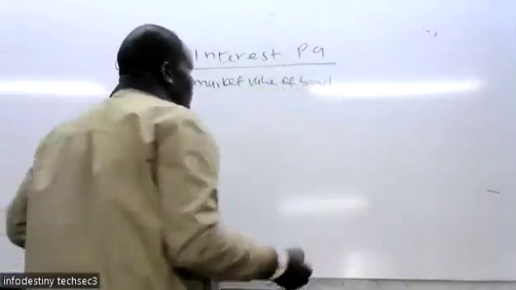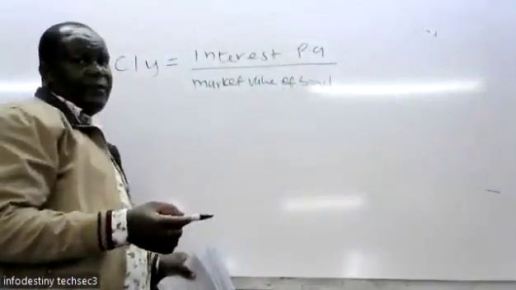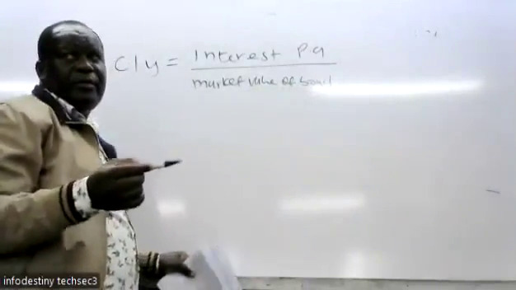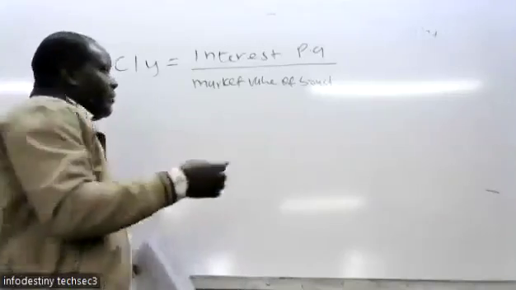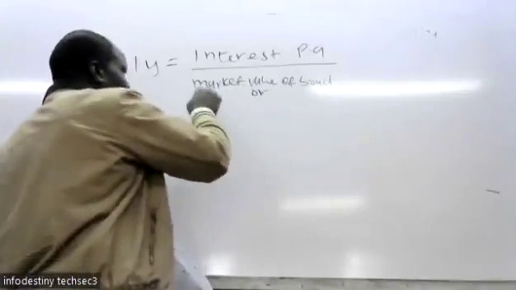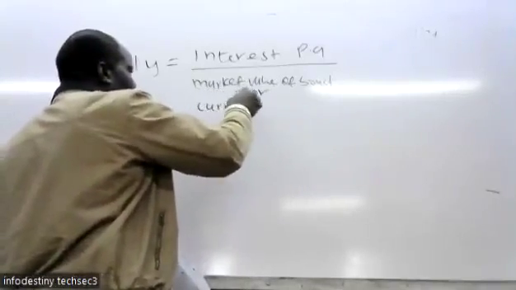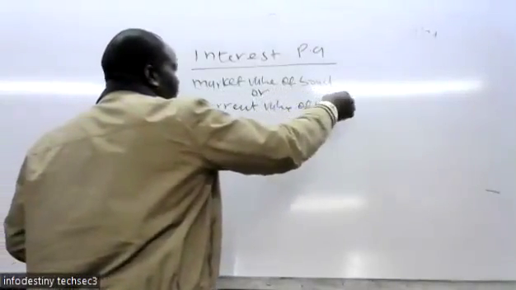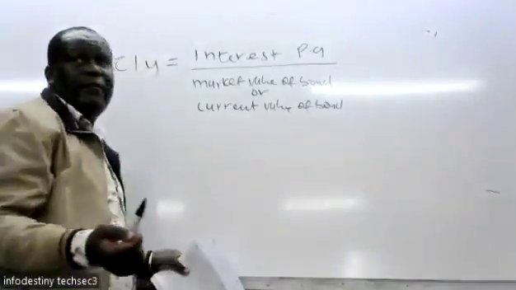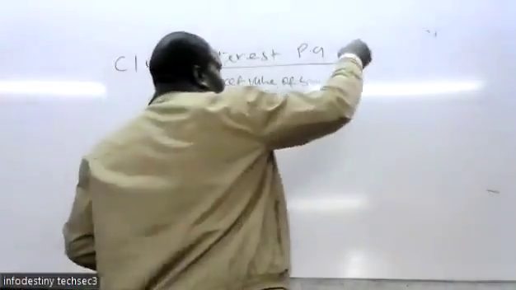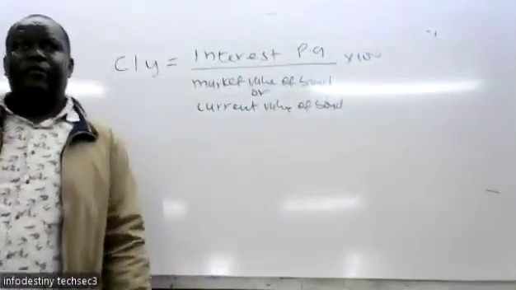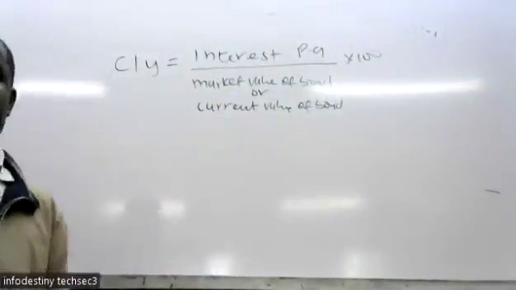For this question, the market value for the bond will be the same as the current value of the bond. You see the Roman letter 1? We should be using what they have given us as the current value of the bond, because that's the only information we have. Then we express that as a percentage.